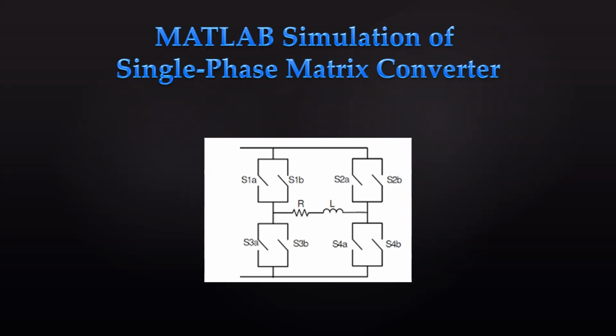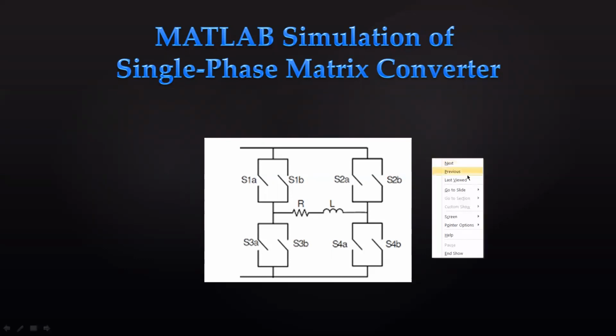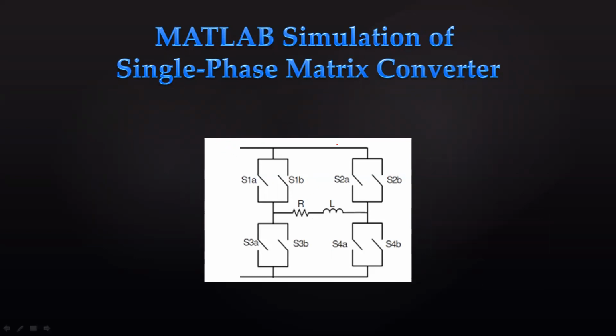So today we will see the MATLAB simulation of a single phase matrix converter as a chopper, that is, a DC to DC buck converter or a step down converter, right? So in a matrix converter, what do we actually have? As you can see on the screen, there are 8 semiconductor switches, right? S1A, S2B, and so on up till S4B.